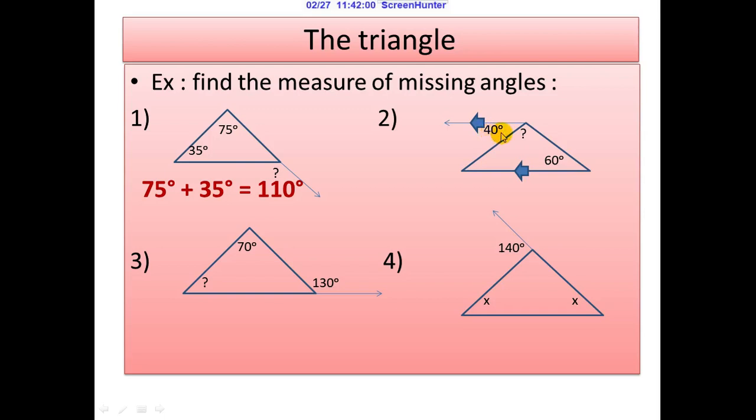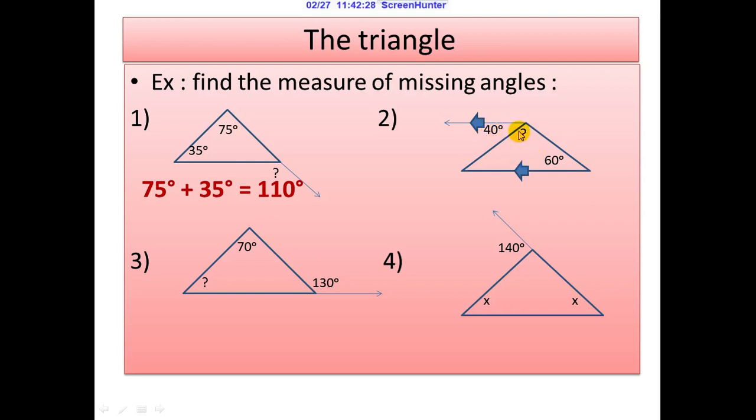Sure, no, because it isn't formed from the extension of any of the three sides of a triangle and another side. The exterior angle, as I told you before, results from the extension of one side and the other side. This isn't an exterior angle, but its measure equals 40 degrees.